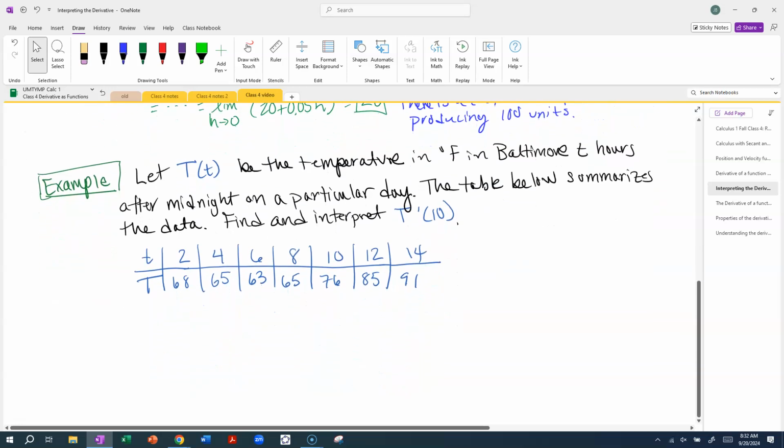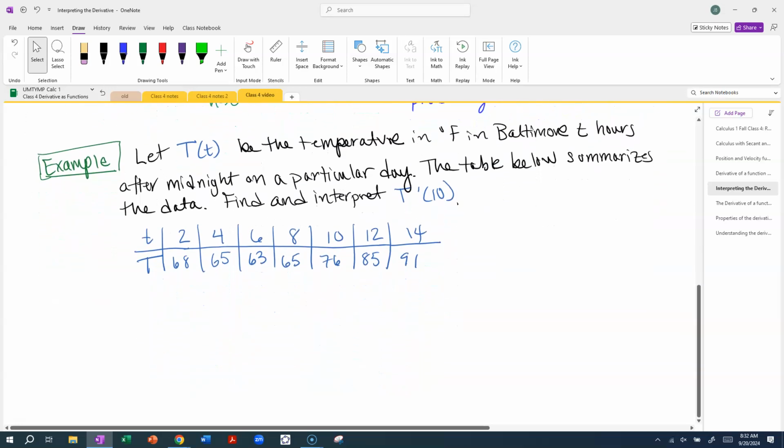In other cases, you're given something like this, where it's like, whoa, what do we do? Okay, so we have temperature, big T, given at a particular time, little t, in Baltimore t hours after midnight on a particular day, and then we want to find and interpret T prime of 10. Oh, and that's the other thing.